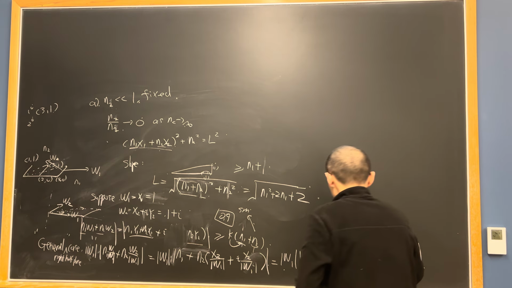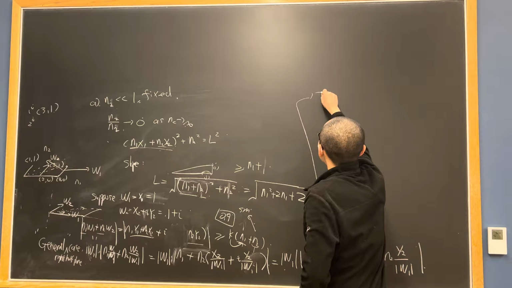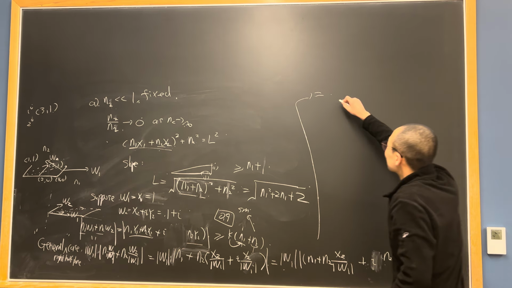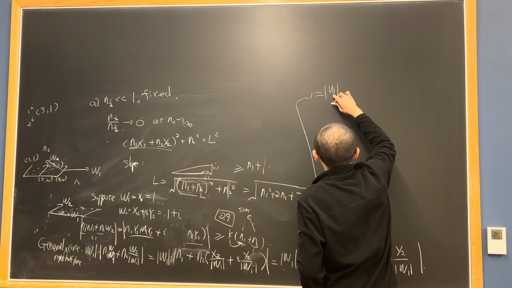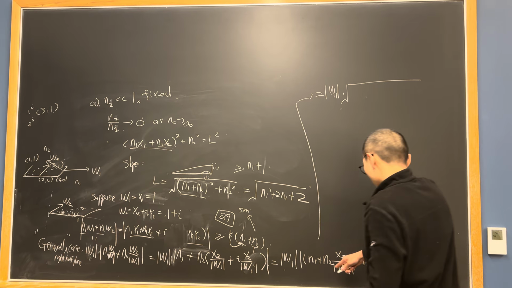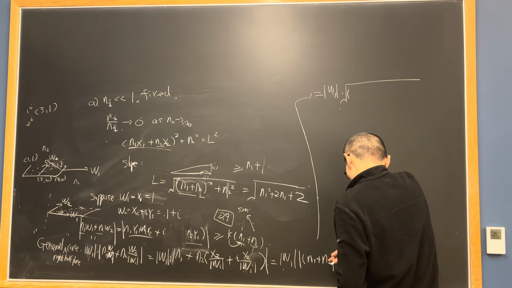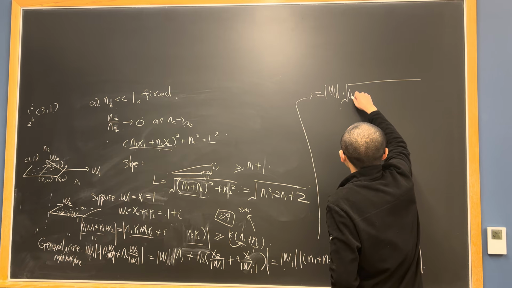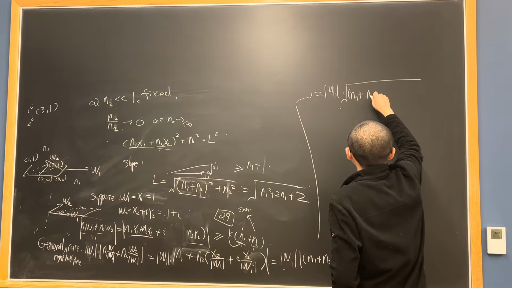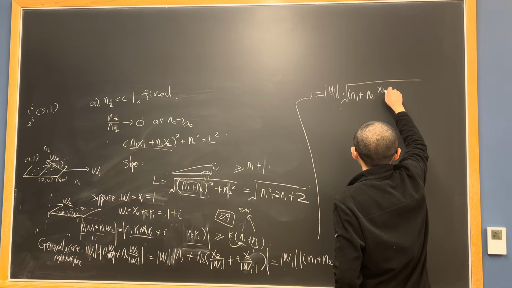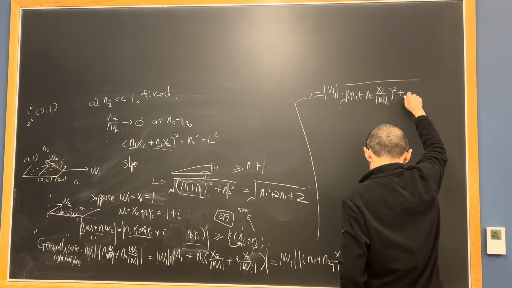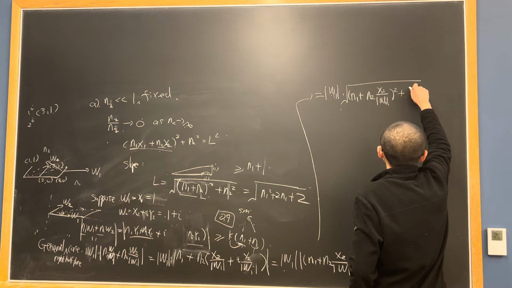So this whole thing is equal to what? This whole thing is equal to, okay, so modulus of omega 1 times the square root of, okay, so now we have the N1 plus N2 times x2 over modulus of omega 1 squared plus this guy squared, right?